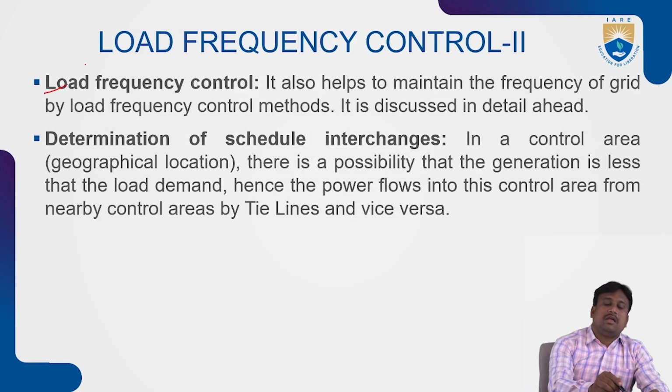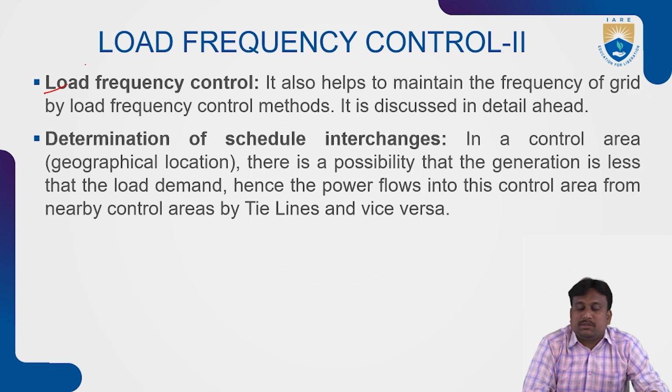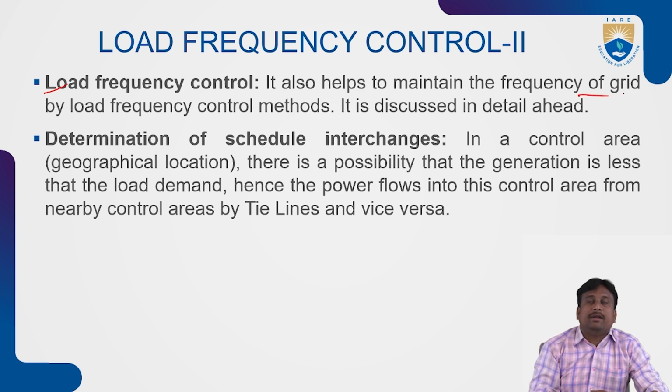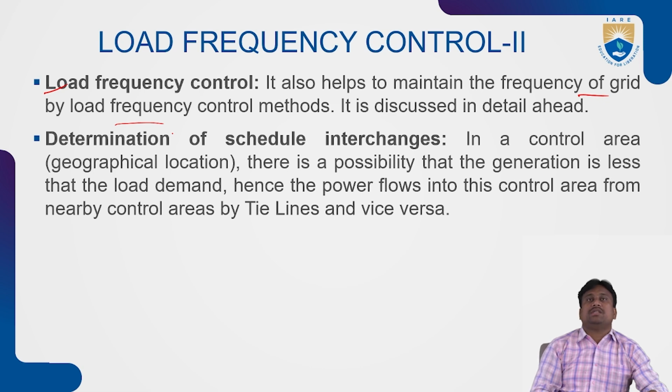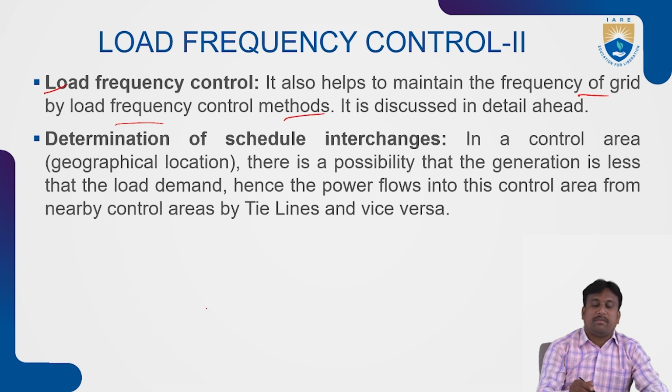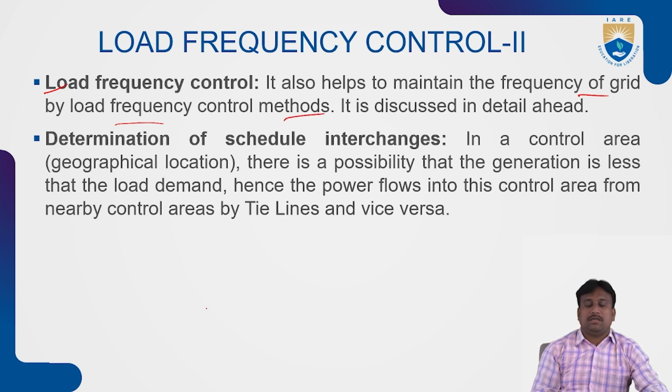So here the load frequency control helps to maintain the frequency of the grid. That is by load frequency control methods. We are going to consider some simple methods for making load frequency control operation smooth. So it is discussed here with some considerations. First, determination of schedule interchanges may take place.